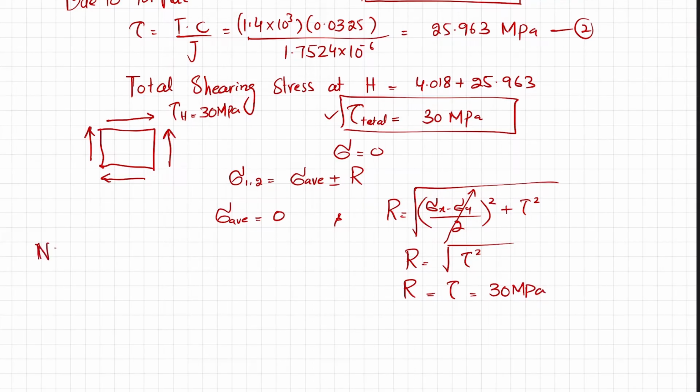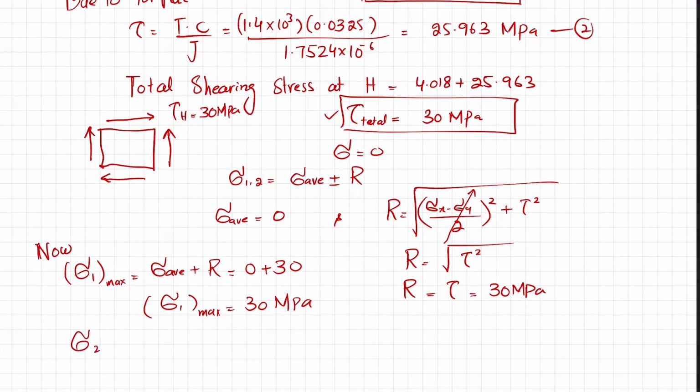Now we know that sigma 1, which is the maximum principal stress, is equal to sigma average plus R. So sigma average is 0 plus 30, so sigma 1 max is equal to 30 megapascal.